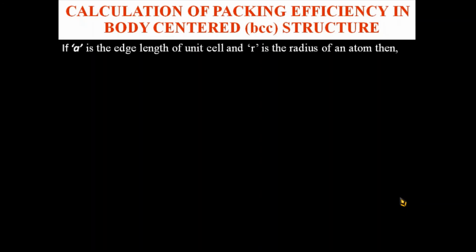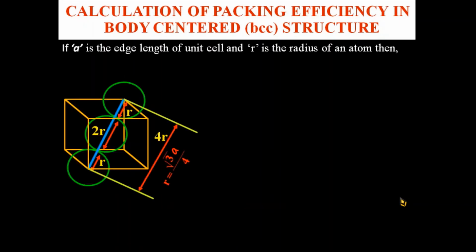If A is the edge length of the unit cell and R is the radius of an atom, then in this diagram, 3 spheres are located. 2 are at the corner and 1 is in the center of the body of the cube. The blue color line is the body diagonal and its length becomes R plus twice R plus R, that is equal to 4R.